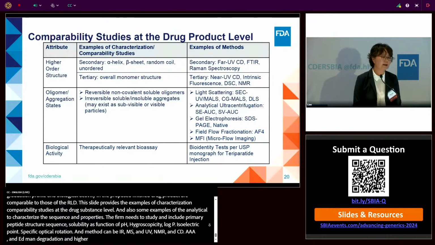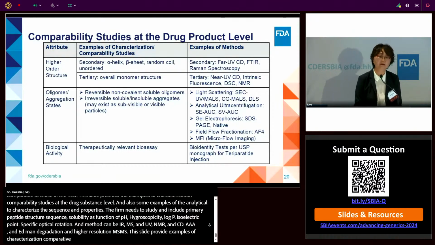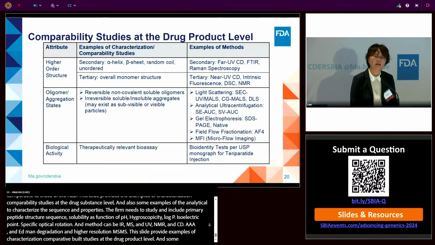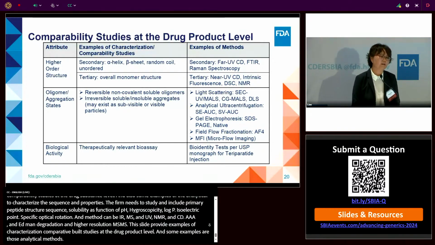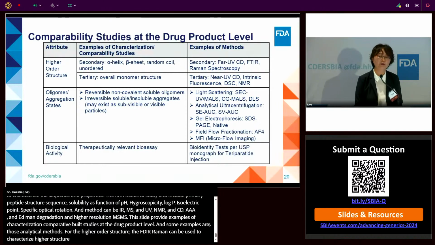These slides provide the examples of characterization comparability studies at the drug product level and some examples of those analytical methods. For the higher order structure, far UV-CD, FTIR, and Raman can be used to characterize the secondary structure. Near UV-CD, intrinsic fluorescence, DSC, and NMR can be used to characterize the tertiary structure.